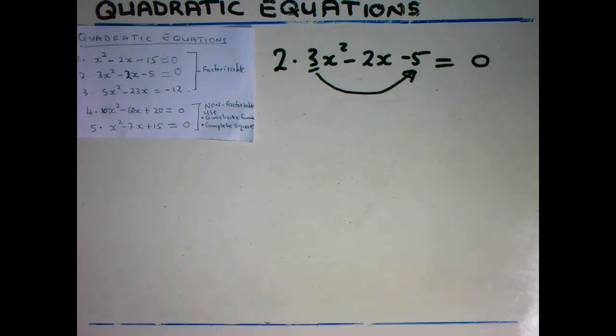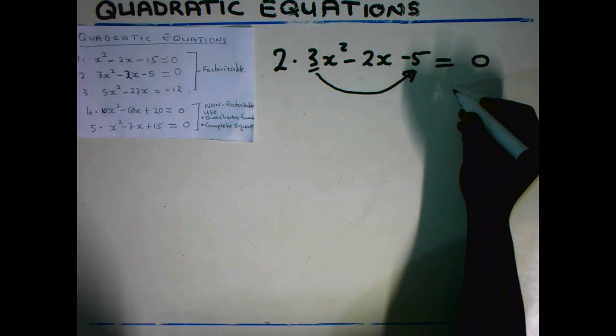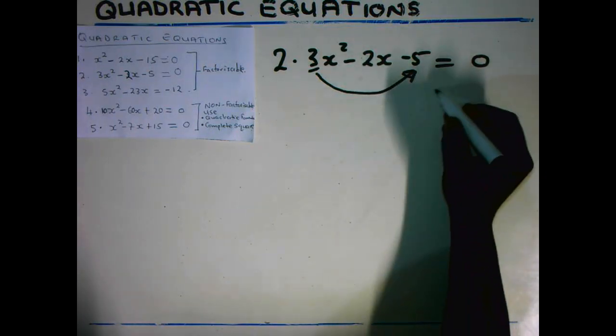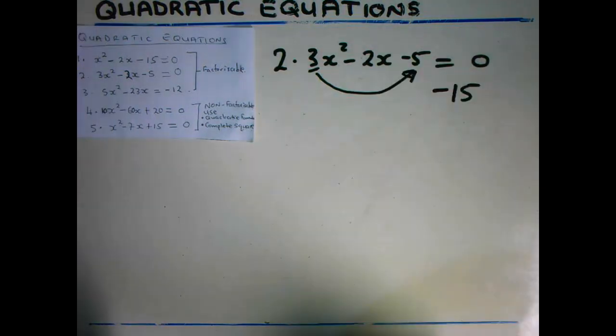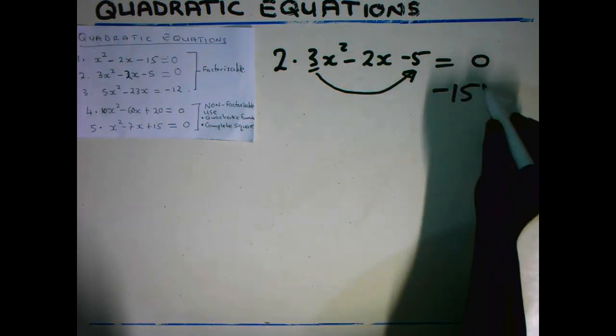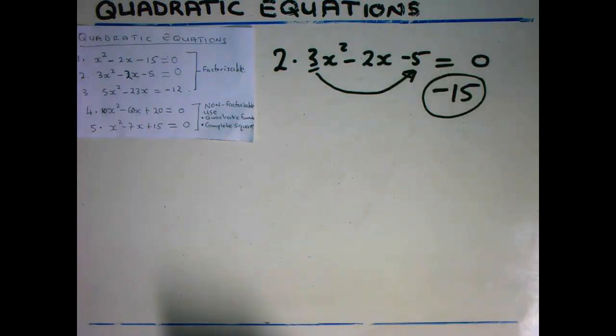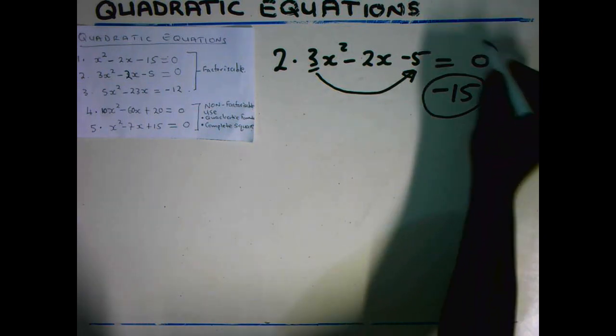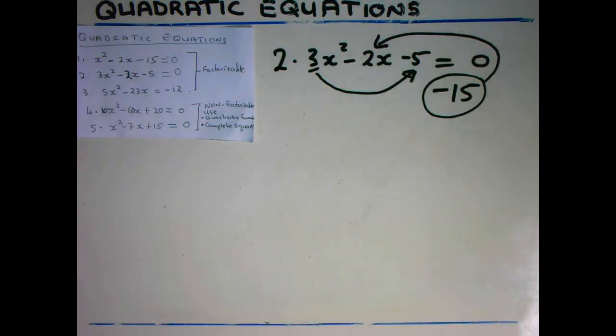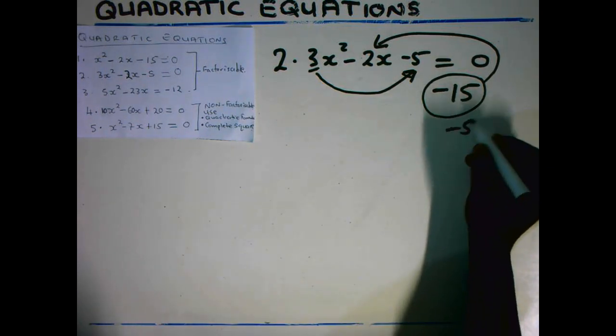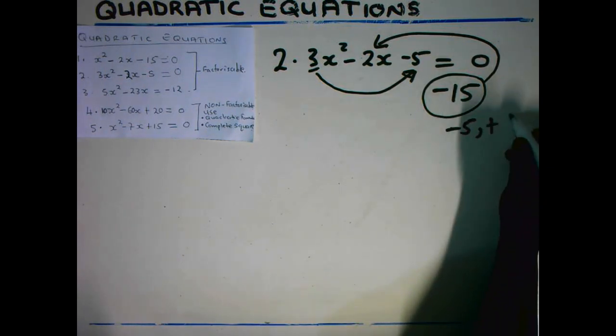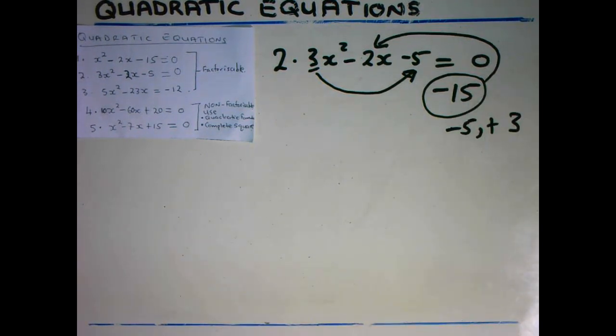You have to multiply that coefficient of x squared by the last number, so that you have 3 times minus 5, you get minus 15. Now you look for two factors of minus 15 which, if added, will give us minus 2. So these factors are minus 5 and plus 3. Straightforward, right? Minus 5 and plus 3. So what do we do now?